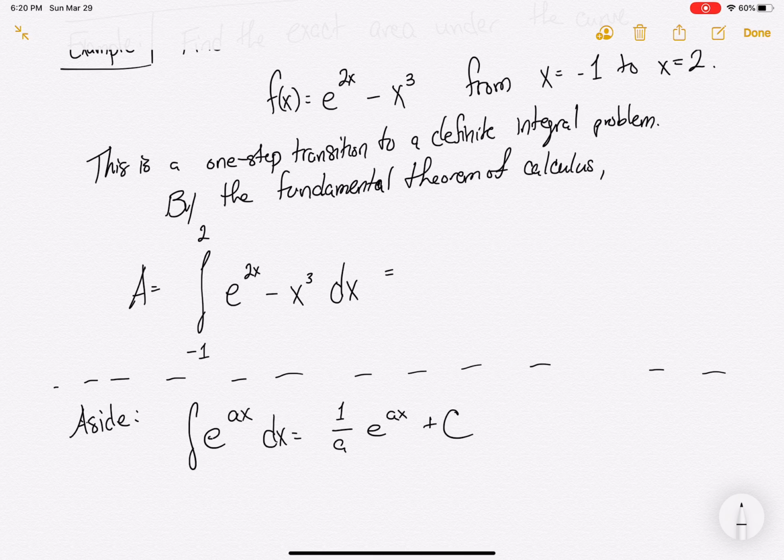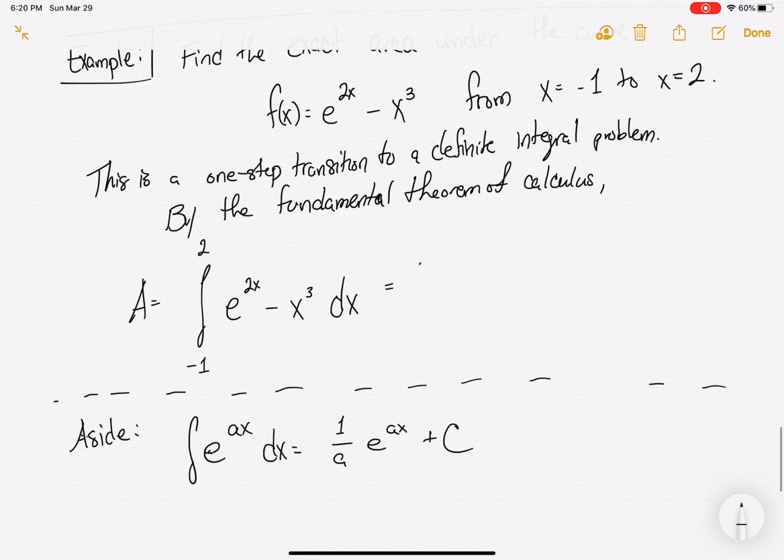In this case, the 2 is playing the role of a. So the indefinite integral is 1 over 2 e to the 2x minus, and then we use the power rule on x cubed: x to the 3 plus 1, which is 4, divided by 3 plus 1, which is 4.